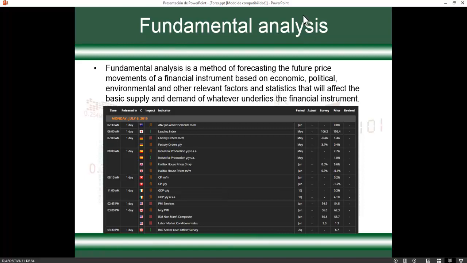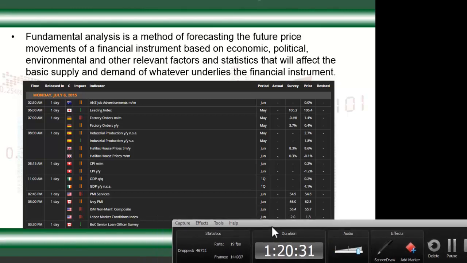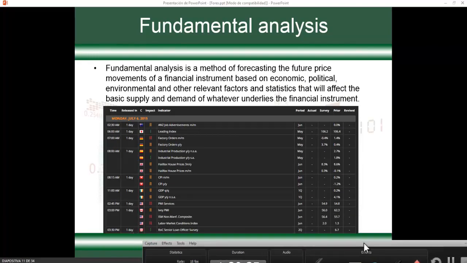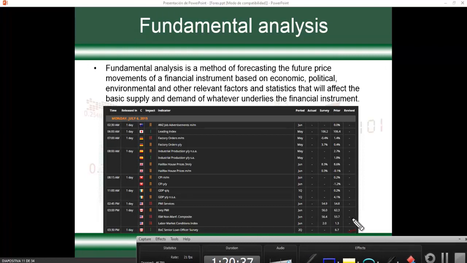And this is something that you can see quite well in here. So if we put our screen, you can see the impacts. You have green, orange, and red. The higher impact ones are the red ones, and you have to look for countries relevant to what you're trading.